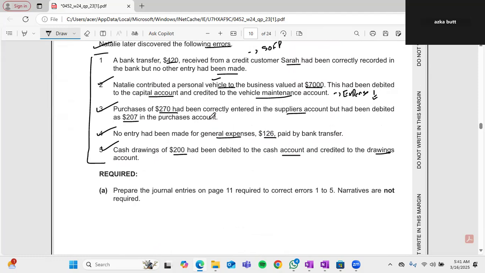Purchase of 270 had been correctly entered in the supplier's account, but had been debited as 207 in the purchase account.